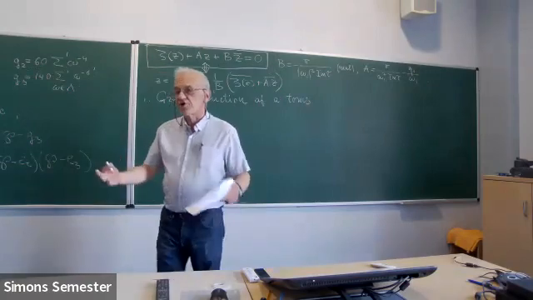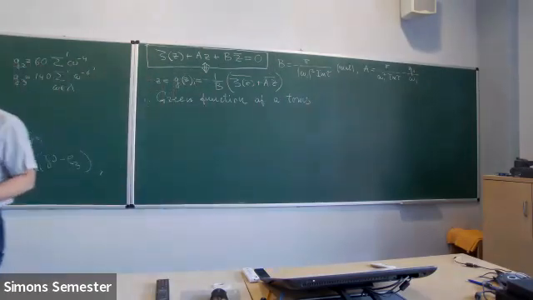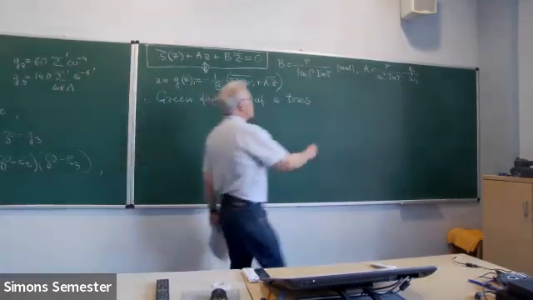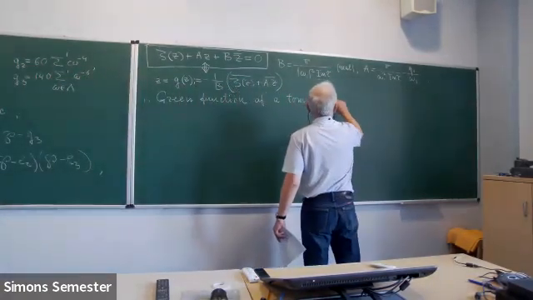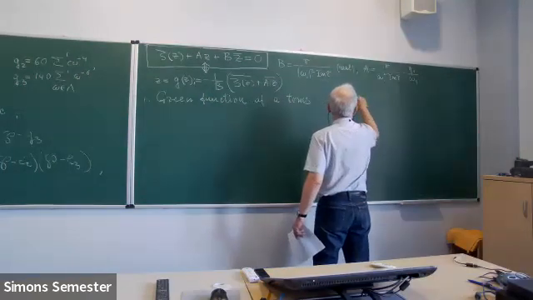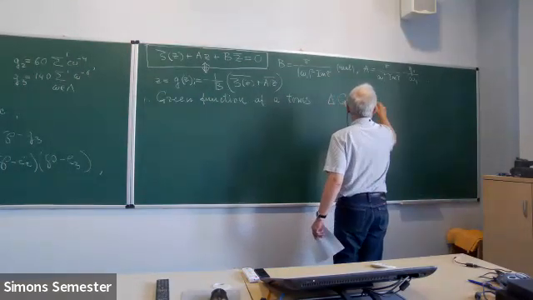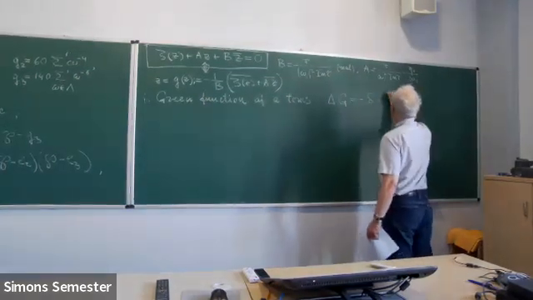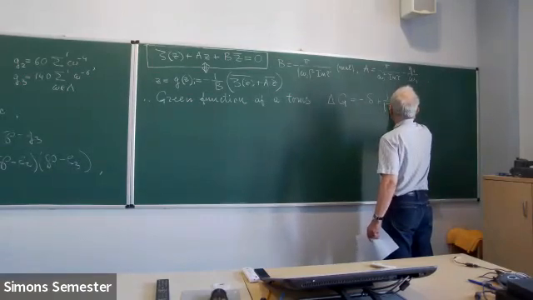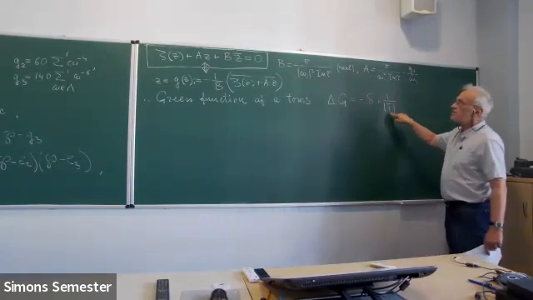Green function of a torus. So what is a Green function of a torus? The torus is compact, so there is no Green function in the usual sense. So this is the best substitute. This is the solution of Laplacian G equals minus delta function plus a constant.